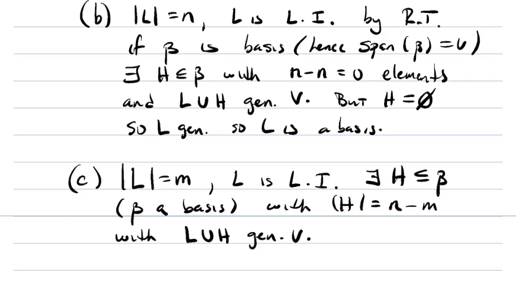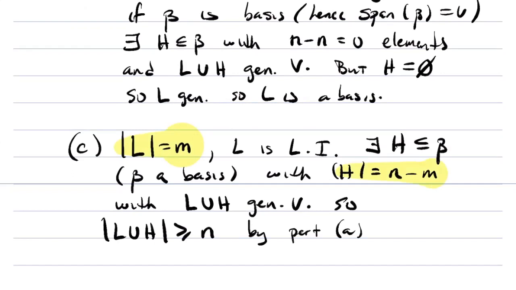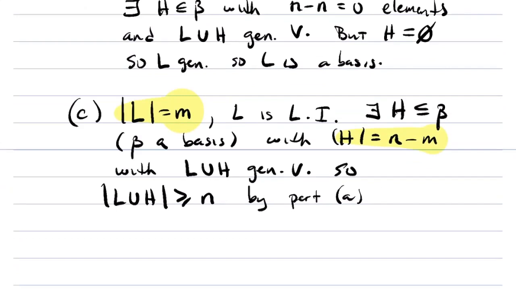But we just proved in part A that a spanning set has at least n elements in it. So this set, L union H, has at least n elements by part A. L has m elements in it. H has n minus m. I don't know if they have any overlap, but even if they did, their union would have no more than m plus n minus m, or n elements.